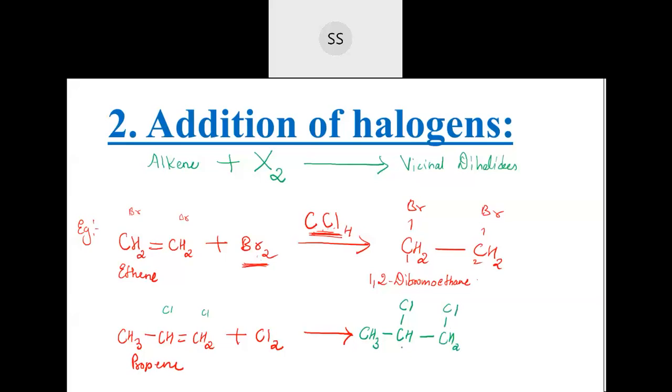So the first position and second position have the chlorine atoms. It's 1,2-dichloro, and with three carbons it is propane, so 1,2-dichloropropane. This is the product.